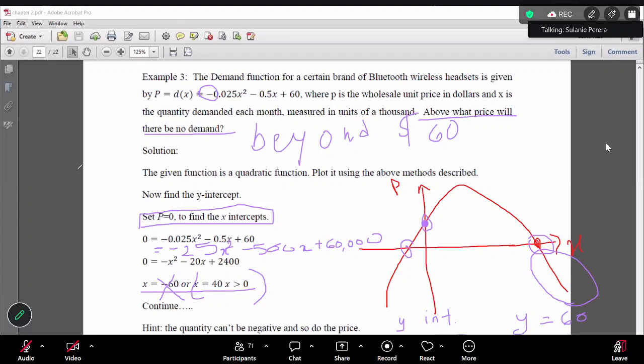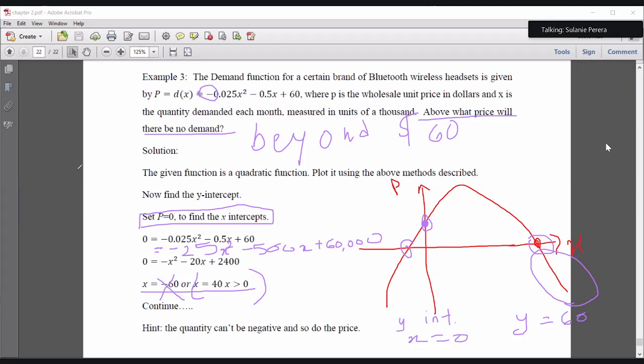If they ask you for the maximum price, the maximum price will be the vertex. So remember that: quantity, x-intercept; price, y-intercept; and maximum price will be the vertex. Okay, I hope it's clear.